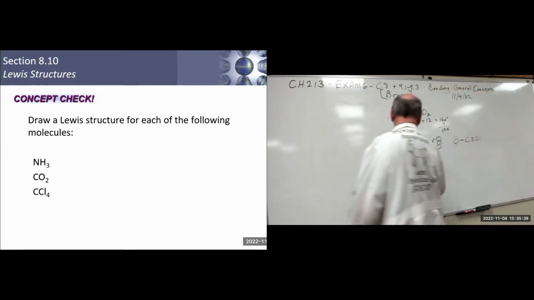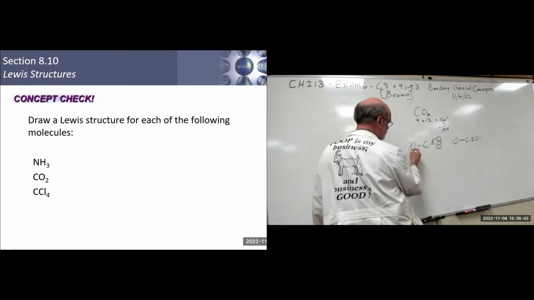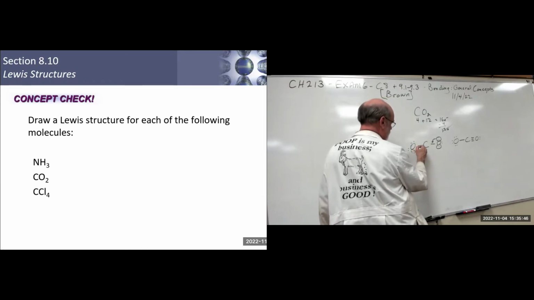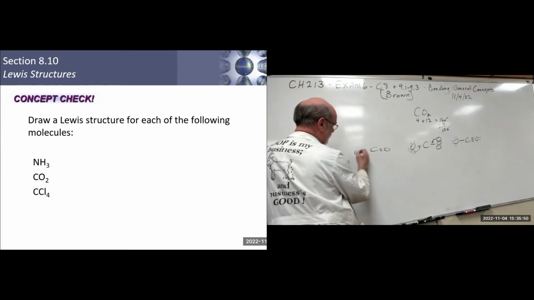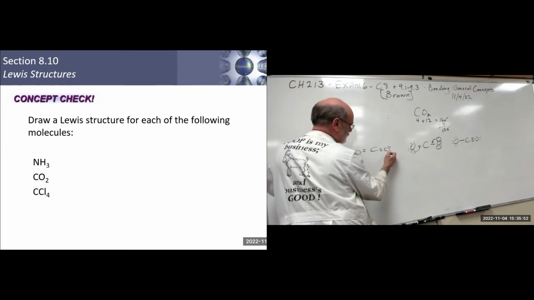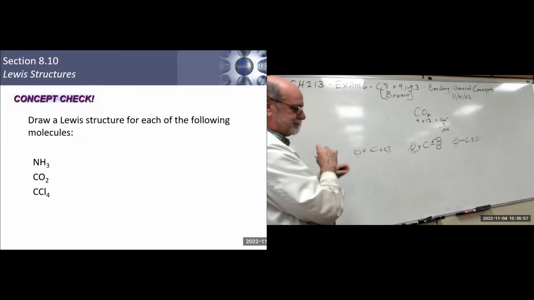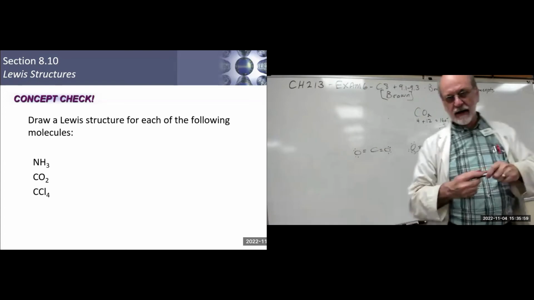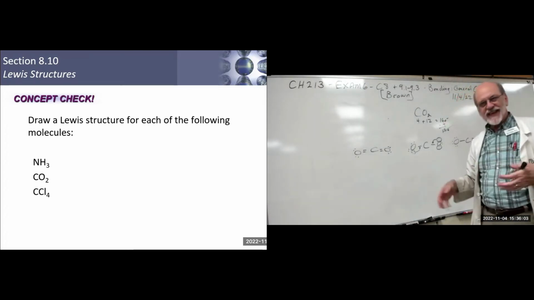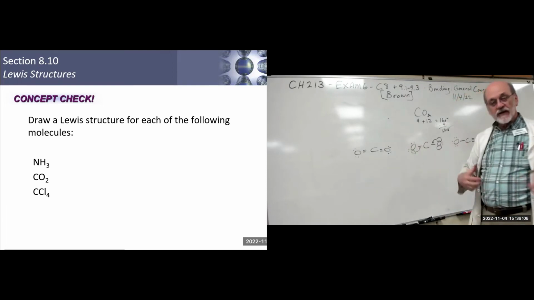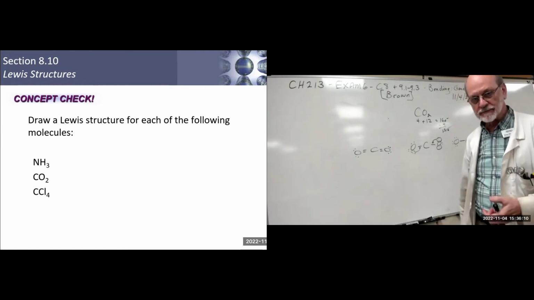Or we could go this way and just do 1 pair from that side and 1 pair from this side. And that makes a double bond here, double bond there, and leaves 2 lone pairs around each oxygen. Like I said, I'm going to show you in a minute that this one is preferred. I mean, aesthetically, it's better than this one, but there's a quantitative way to approach this problem.